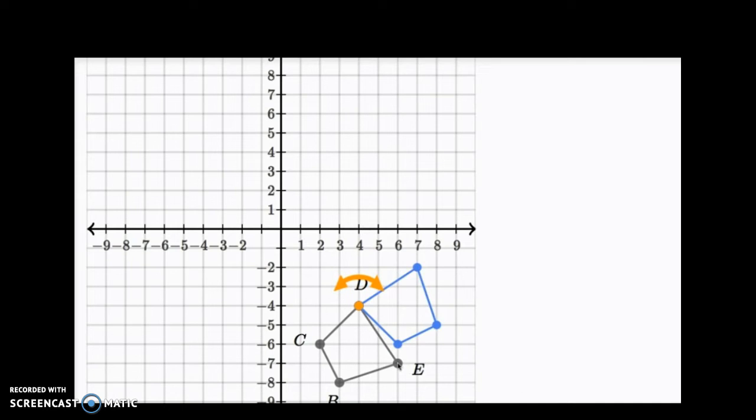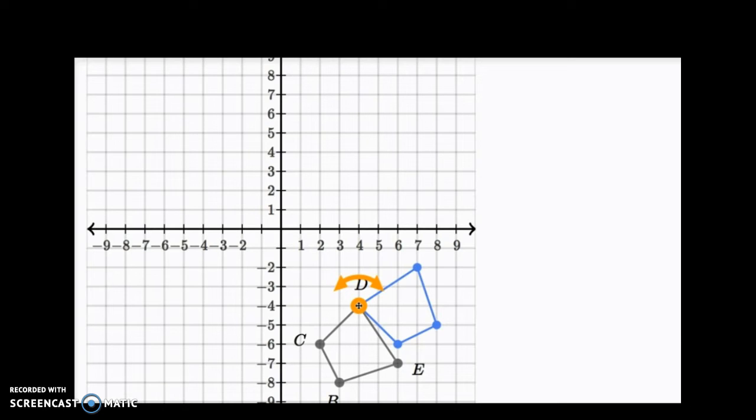So every point that was on the original set of points, I've now shifted relative to the point that I'm rotating around. I've now rotated it 90 degrees. So this point has now mapped to this point over here. This point has now mapped to this point over here. And I'm just picking the vertices because those are a little bit easier to think about. This point has mapped to this point. Since D is the point of rotation, that one has not shifted.